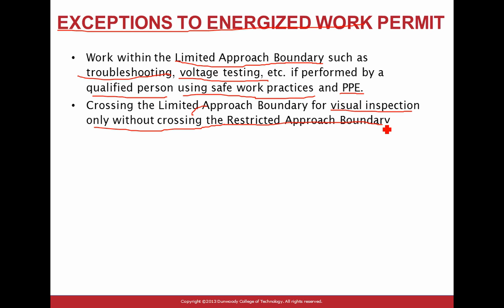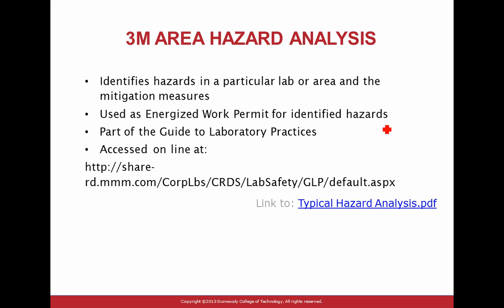If you're doing troubleshooting, you still have to put on the proper PPE, which is category 0 for you, but you don't have to do an energized work permit, at least this time.